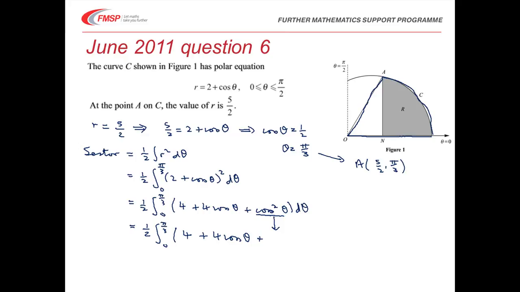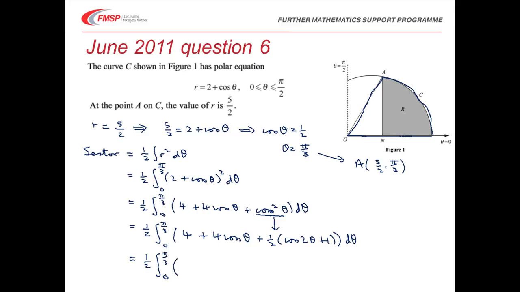So using our knowledge of double angle formulae, I can rewrite cos squared theta as 1/2 of cos 2 theta plus 1, d theta. Now when I expand the bracket and collect like terms, we should have an expression that we will be able to integrate.